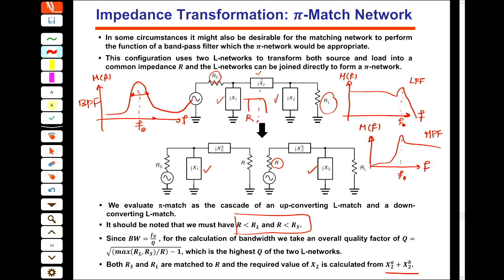And this circuit is again an up conversion, so this R again should be less than RS. So if I want to send power from a source with an impedance of 50 ohm to a load with an impedance of 100 ohm, the value of R should always be less than 50 ohm. It should be less than both of them.